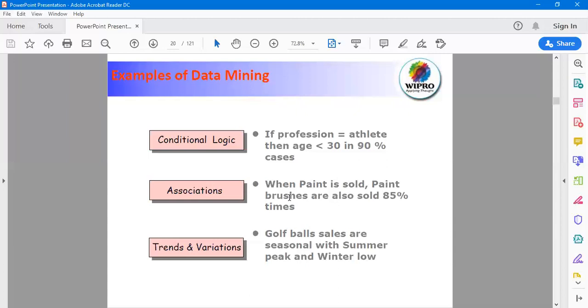There can be 3 to 4 places where the car can be parked. So it's not that you will get the exact solution that this car should be parked here only. There can be n number of places where the car can be parked. So you will have options, and it's not necessary that after 10 minutes it will get the same place. It may be occupied by another vehicle.